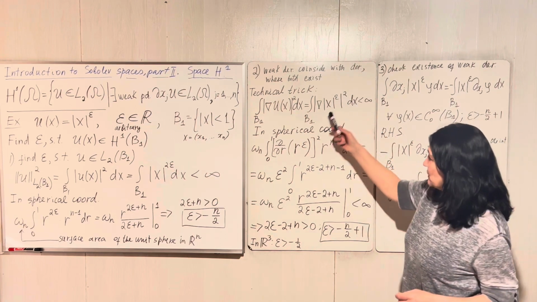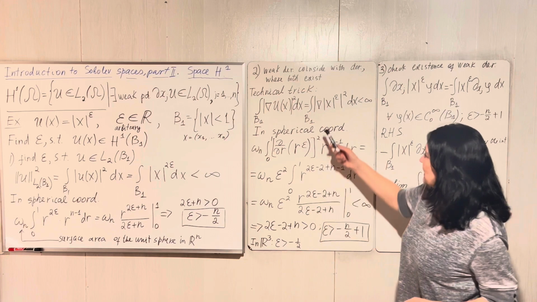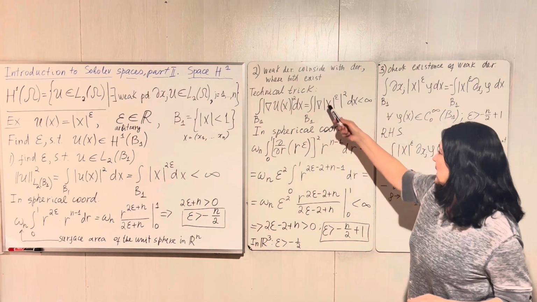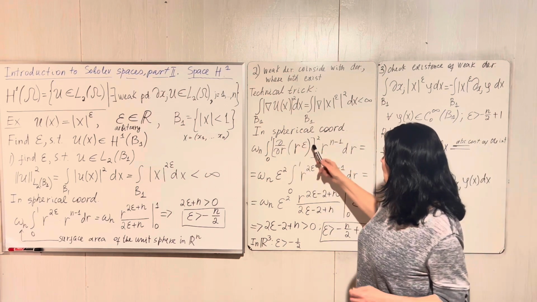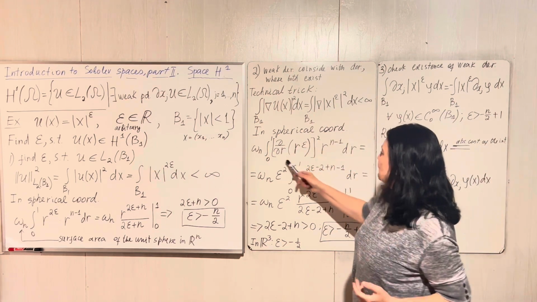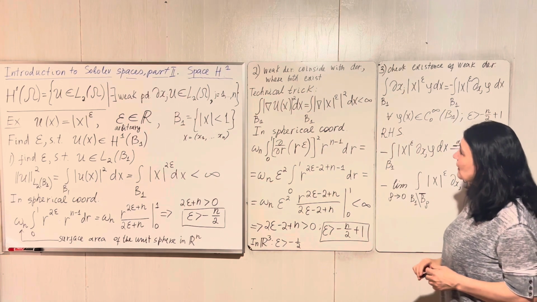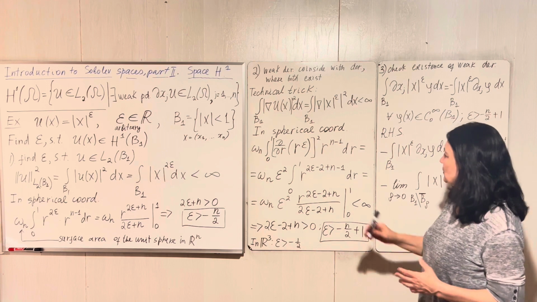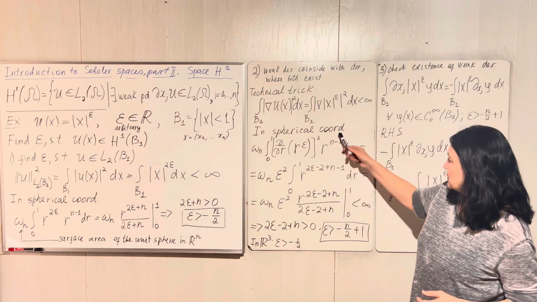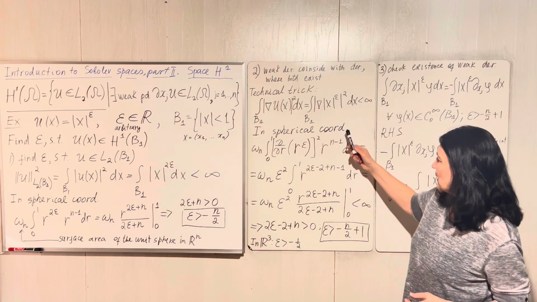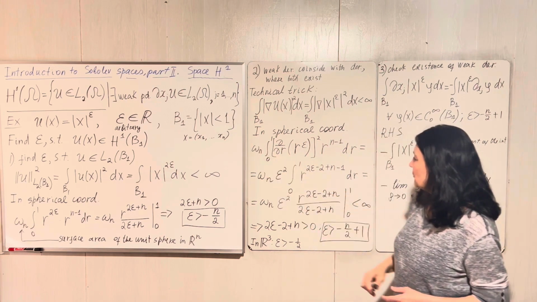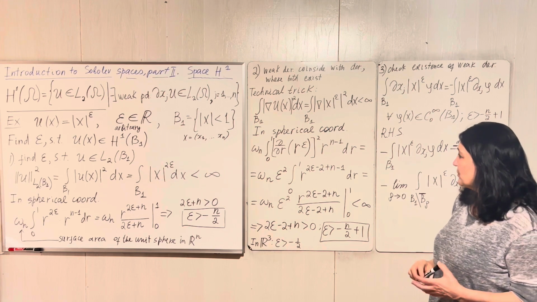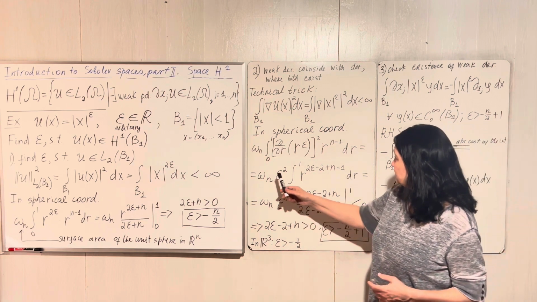So again, we will switch to spherical coordinates, and since our function depends only on r, the gradient will just result in differentiating with respect to r. Again, this term came from the Jacobian by switching to spherical coordinates from Cartesian, and this omega n again is the surface area of the unit sphere.